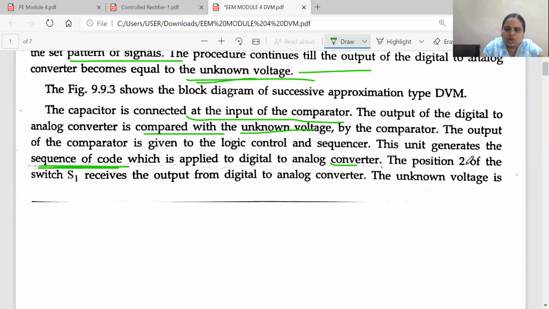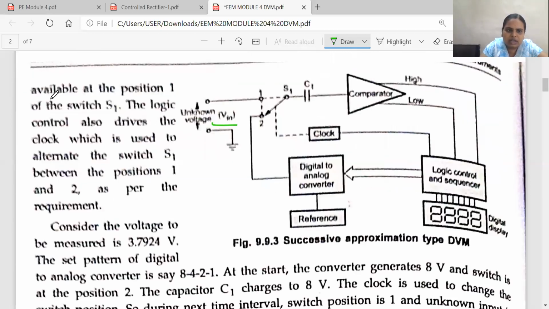The position 2 of the switch S1 receives the output from the digital to analog converter. The unknown voltage is available at position 1 of the switch S1, and the digital output at position 2.